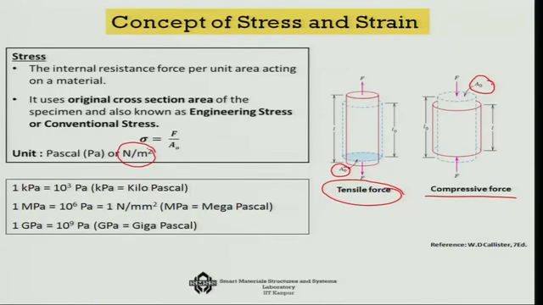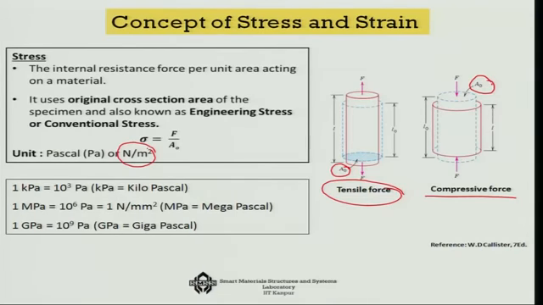In fact, the way stress is related to strain is also called the modulus of elasticity, which has the same unit in terms of Pascal. Just to give you a feel of it, something like a chocolate will have a modulus of elasticity between 100 Pascal to a kilopascal range.